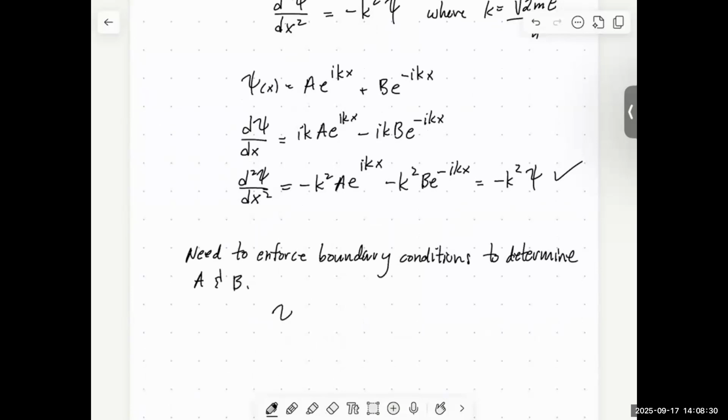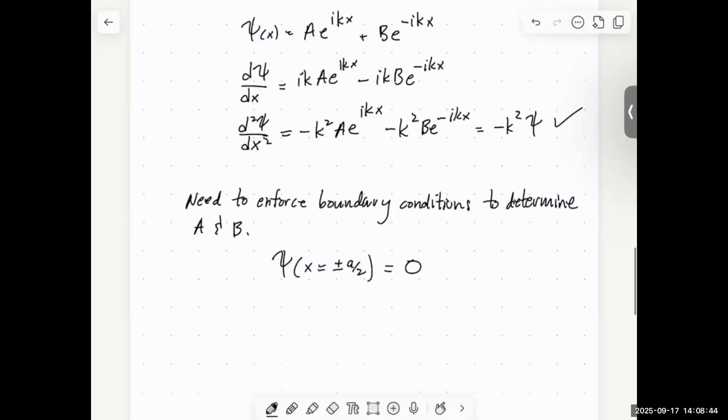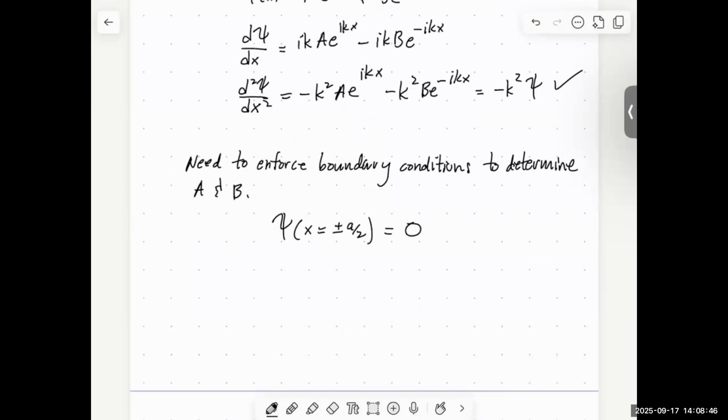Our boundary condition is that the wave function has to go to 0 at plus minus a by 2. So psi at x equals plus minus a by 2 has to be 0. Let's start with x equal to plus a by 2.